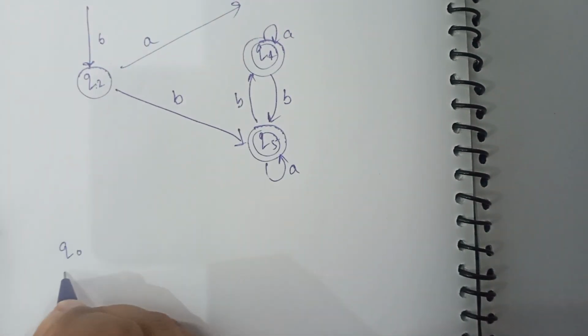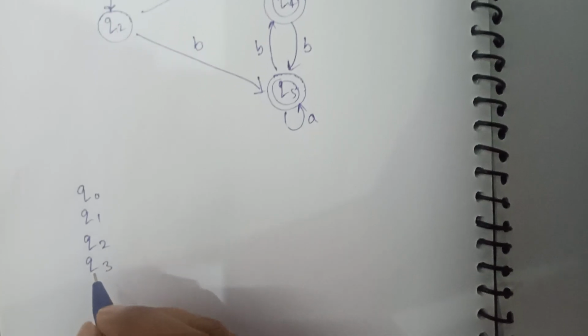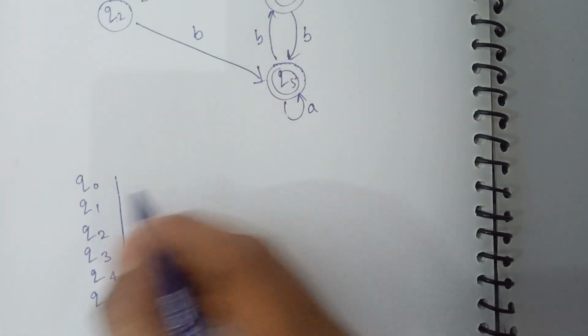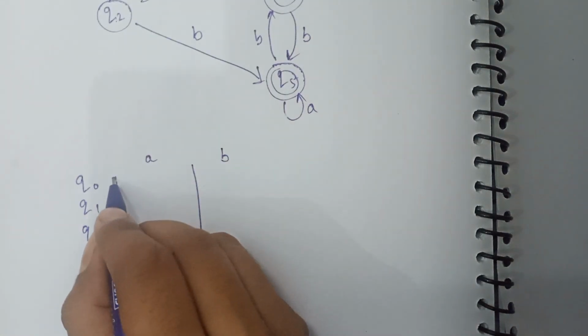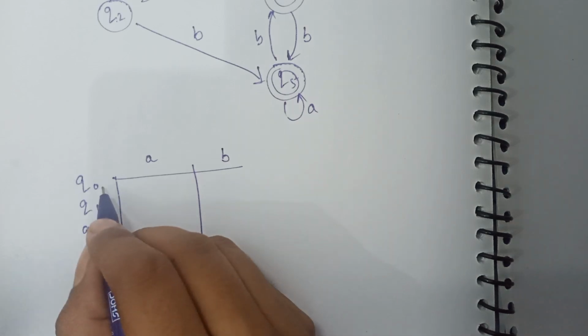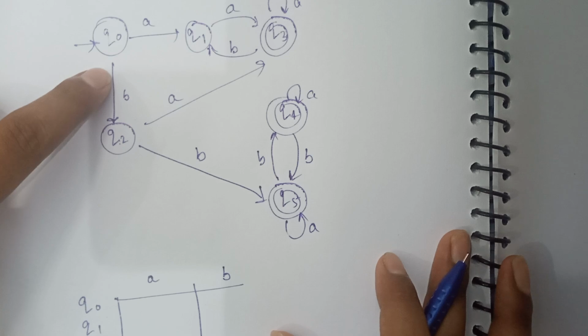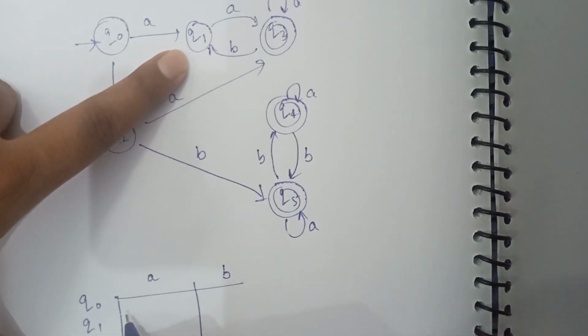Like Q0, Q1, Q2, Q3, Q4 and Q5. Q0 for A and Q0 for B. Okay, so if we see in this figure, for A, Q0 is going to Q1, so we will write here Q0, A, Q1.